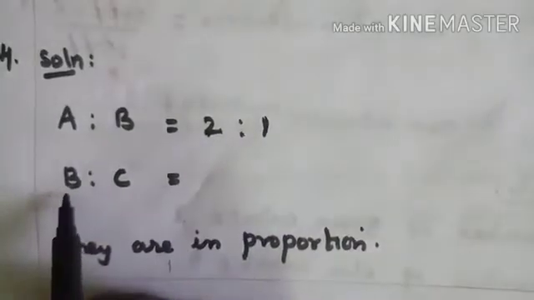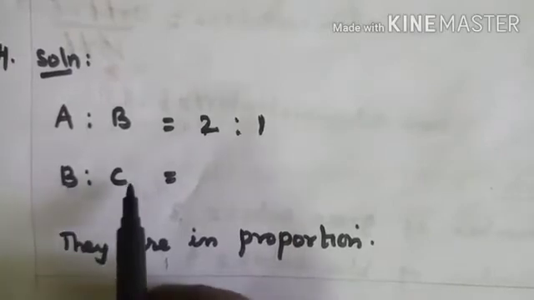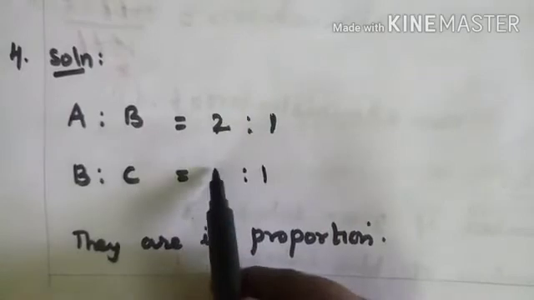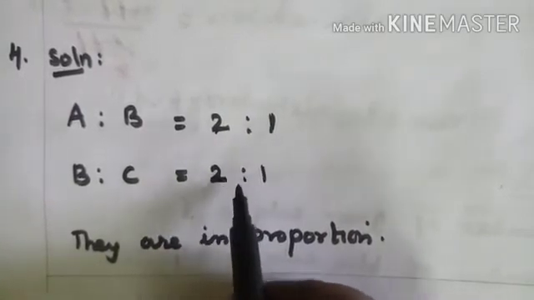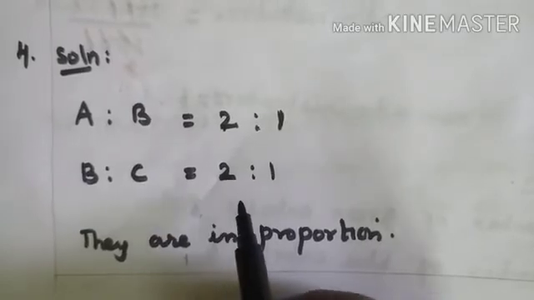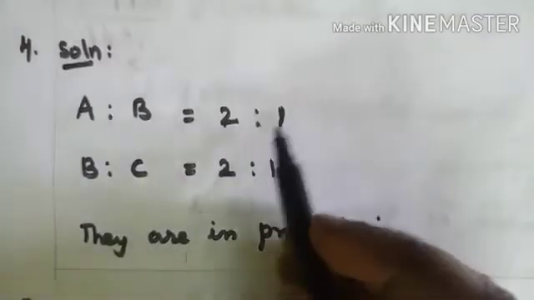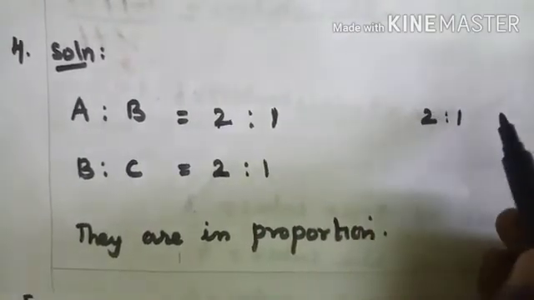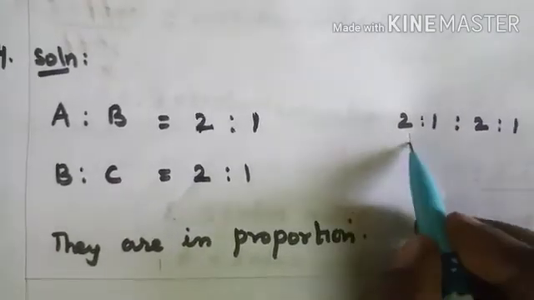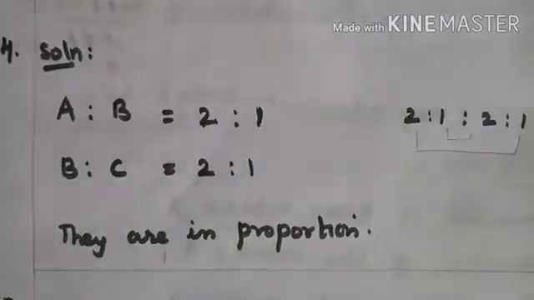Next you see B is to C. And next what is given? B gets double of what C gets. So for C if you are keeping 1, B gets double. Therefore 2 is to 1. And what is asked? That is verify whether the result is in proportion or not. Now when we are taking this 2 is to 1 is to 2 is to 1, the product of means and product of extremes we are going to see.